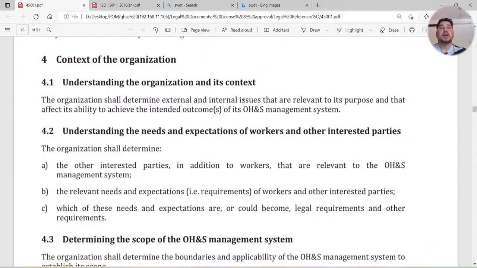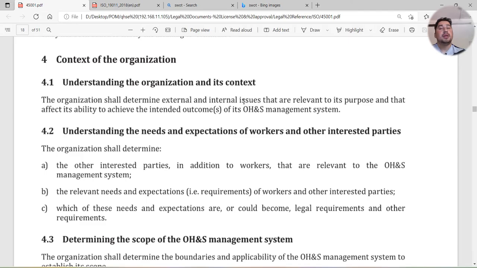Earlier, OHSAS 18001:2007 was implemented, and we were managing OHSAS 18001:2007. After that, ISO 45001 came. Now this is the issue. The people who don't know that ISO 45001 is a new requirement and how they have to implement it will not implement it, and maybe there are some issues in the implementation.